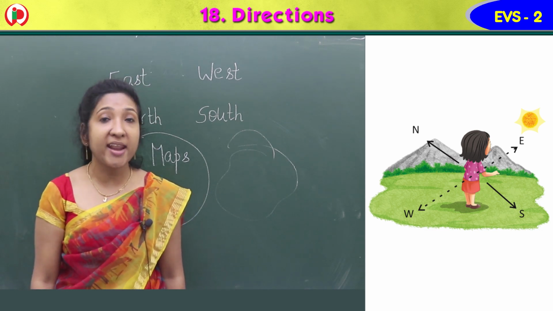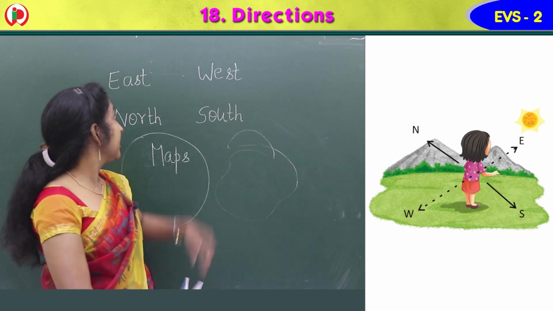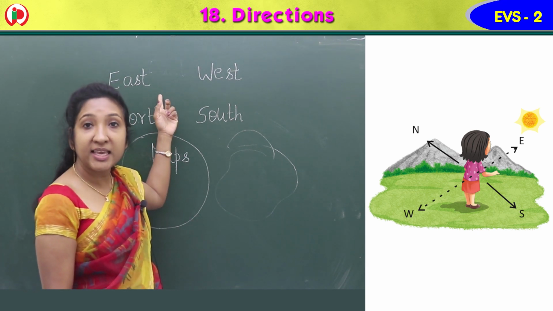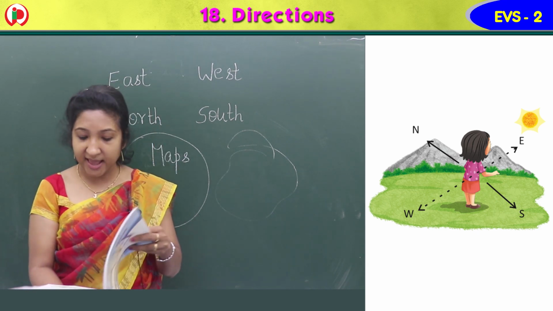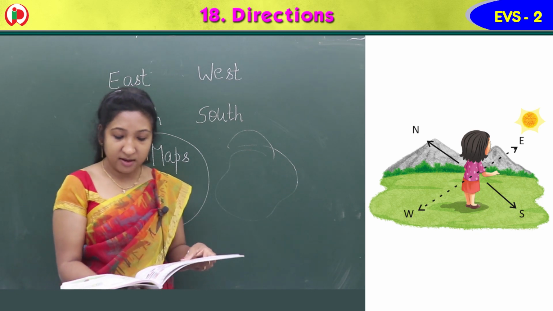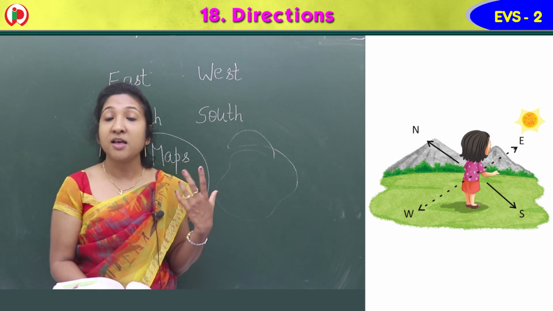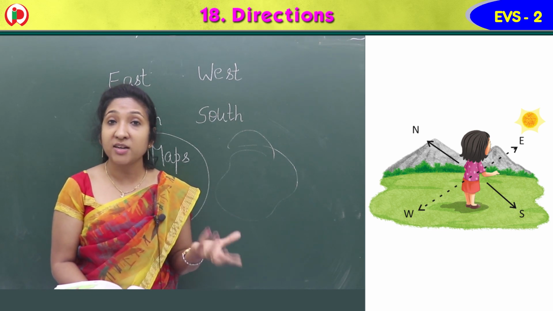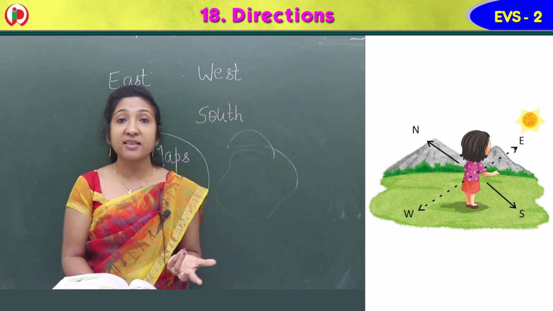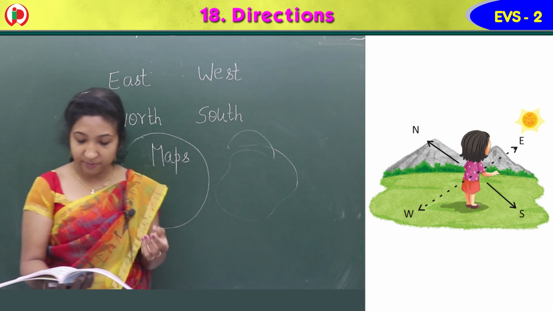It is east, isn't it? East direction, E-A-S-T, east. The sun rises in the east. Where does the sun rise? The sun rises in the east.